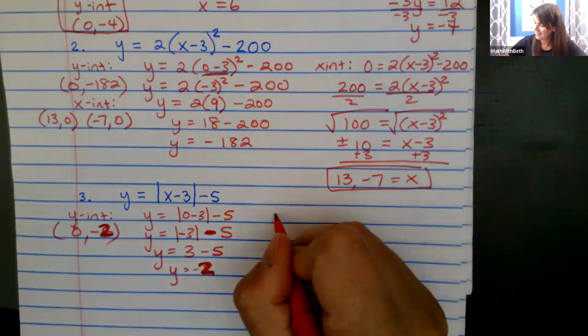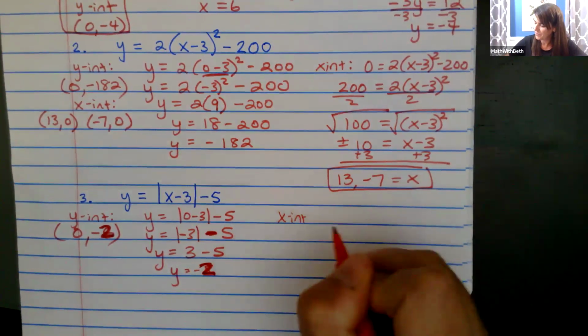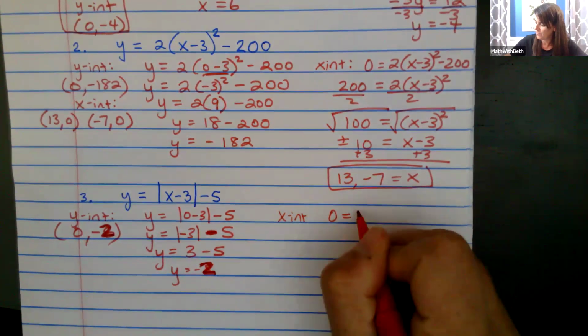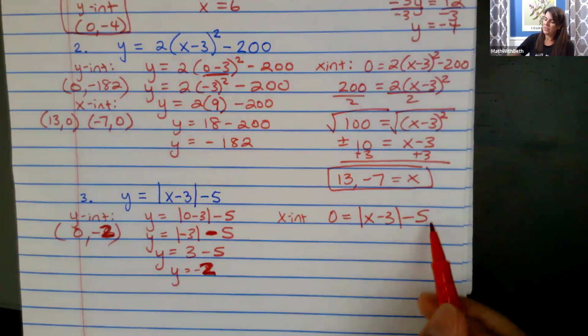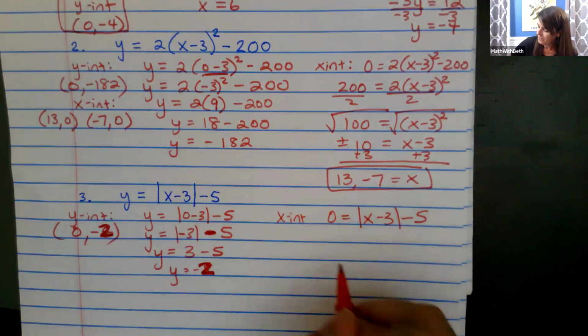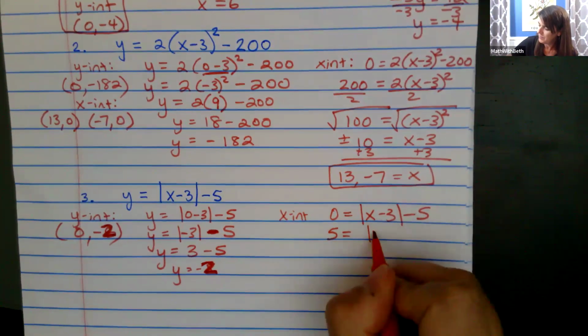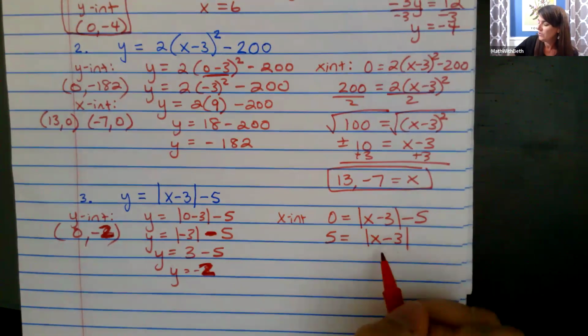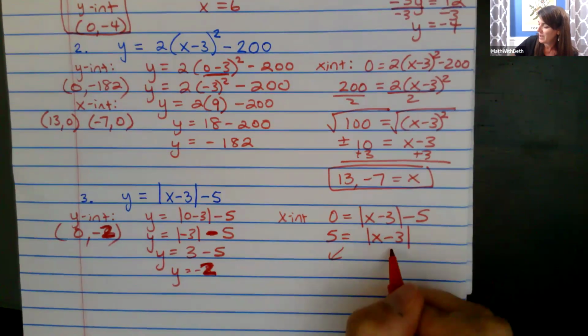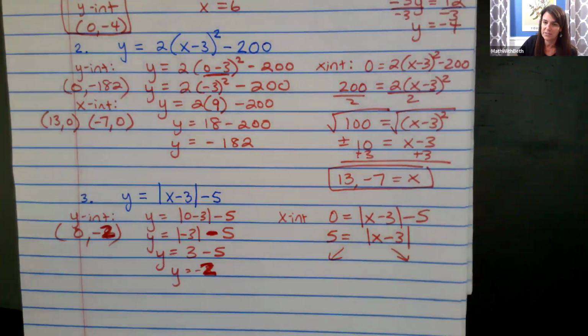So lastly, we are going to do the x-intercepts, which means plug in 0 for the y value and solve. So I need to move this -5, so I need to add 5 to both sides, but then that leaves me with an absolute value problem, which if you don't know how to solve, you can look up my video on solving absolute value equations. When you solve an absolute value equation, you end up having to set up two separate equations.